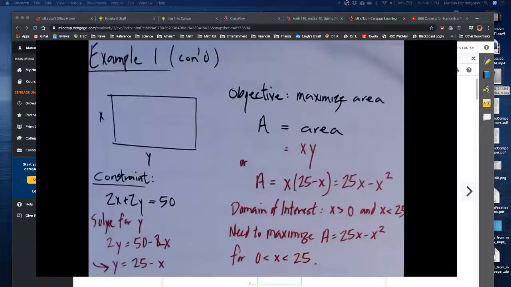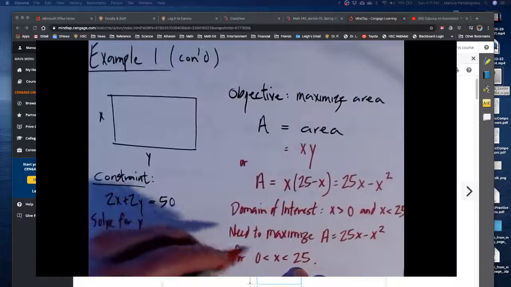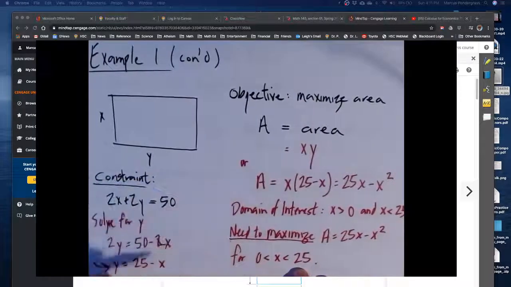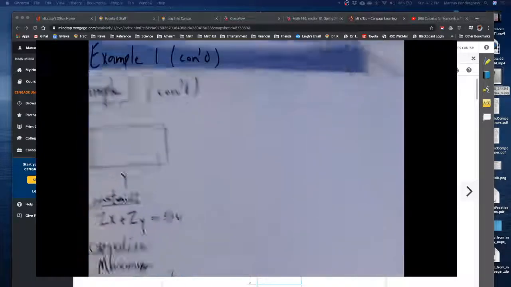And so that's our new problem. And now we've got basically everything we need in order to solve the problem. So let's see how we would do that.